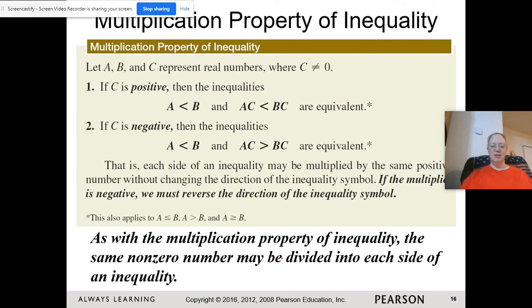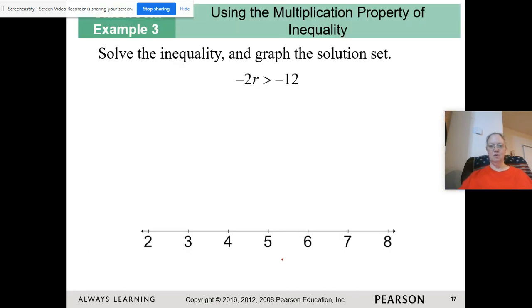All right, this is just a summary of what we were just talking about. Okay, let's do this example. We have -2 times r is greater than -12. Because we're dividing by -2, we have to remember to reverse that symbol. So r is less than, don't forget to reverse the symbol, 6.